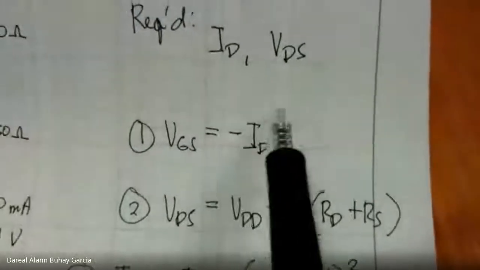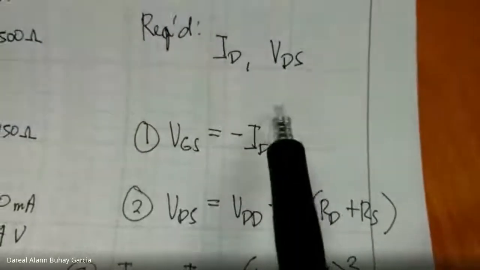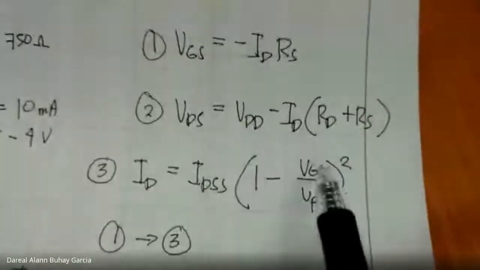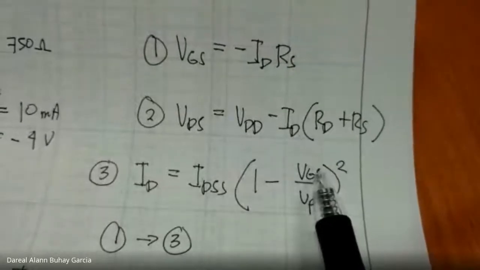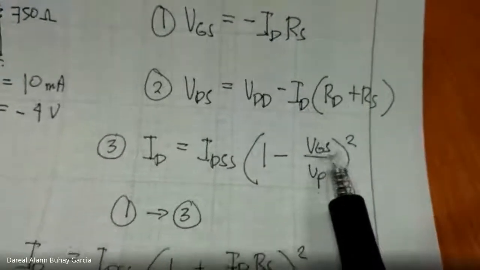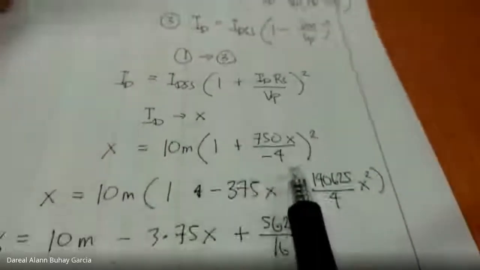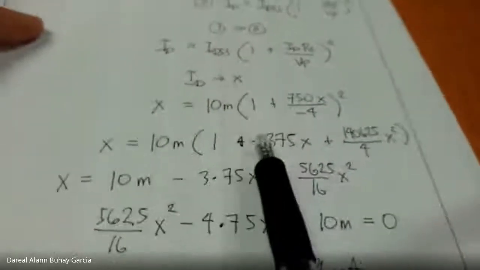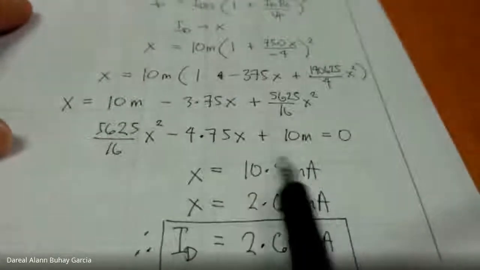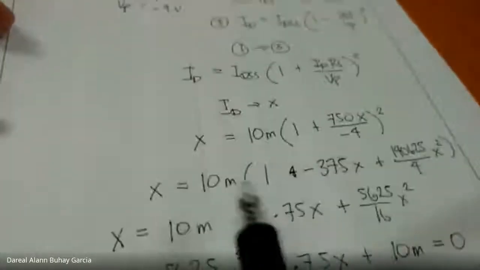So if makuha na ang relationship ni VGS and ID, gamit nato siya, kaya muna ito i-plug sa Shockley Equation. So, mao ni ang pamaagi sa pag-solve for ID, gamit ang Shockley Equation and the relationship of VGS and ID. Dire, atong gina-manual. Ang tulong ato og duha ka values. Pilion nato, no?